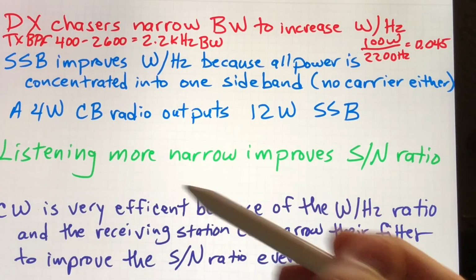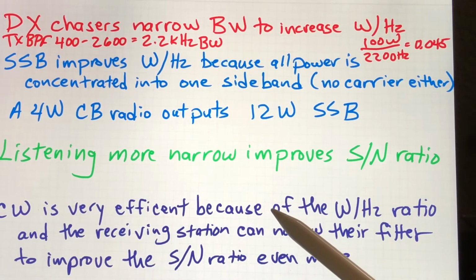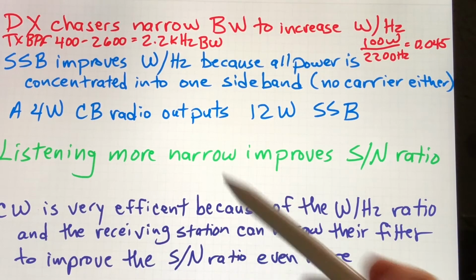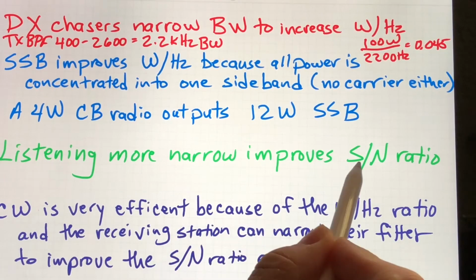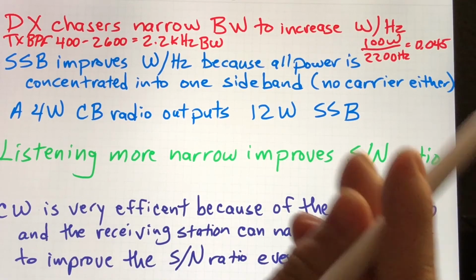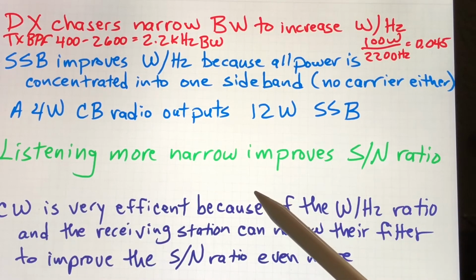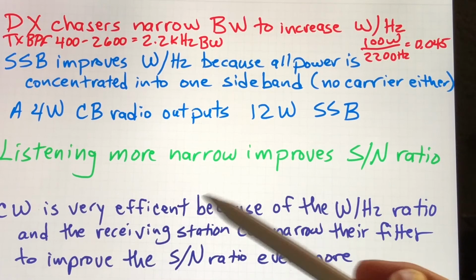So, in other words, ideally, if you know what the other person's bandwidth is, then you can narrow your receive bandwidth and you'll improve your signal to noise ratio. Listening more narrow improves the signal to noise ratio. But it's even better if the station on the other end, the one that's transmitting, is also transmitting a little bit more narrow. So just try to match whatever they are.